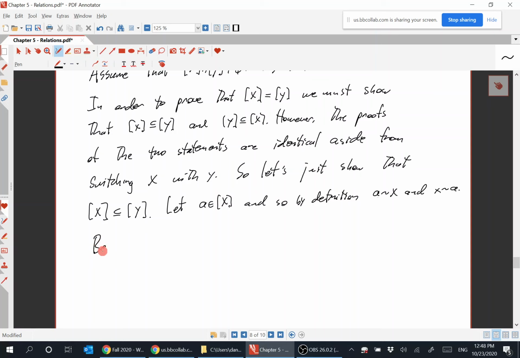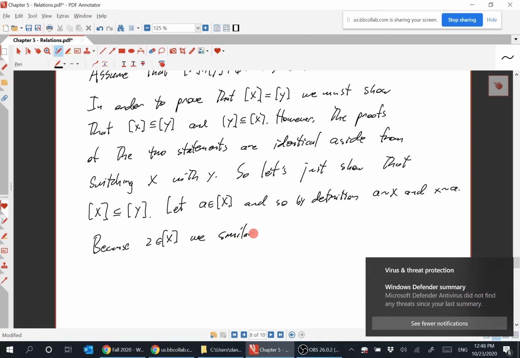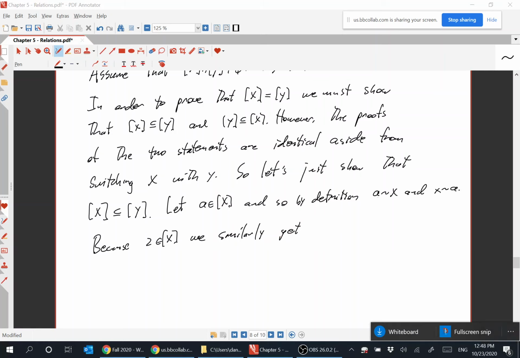Because Z is an element of bracket X, we get that what? Z and A are related? Yeah, we similarly get, no, not yet.